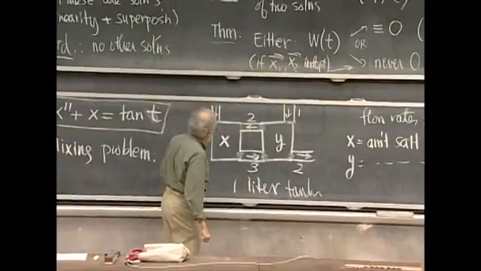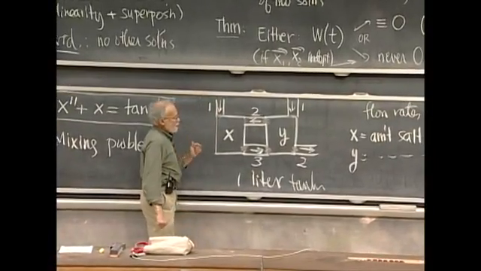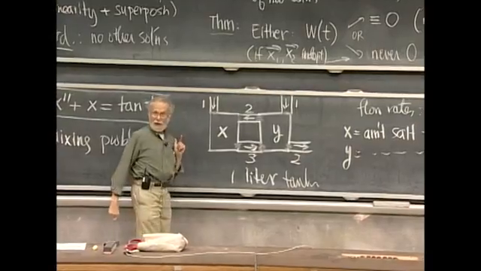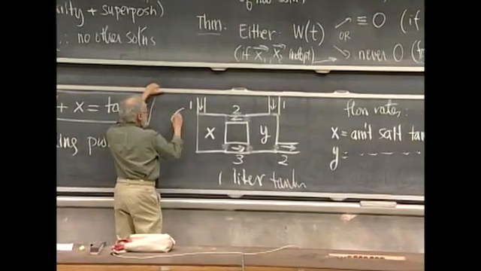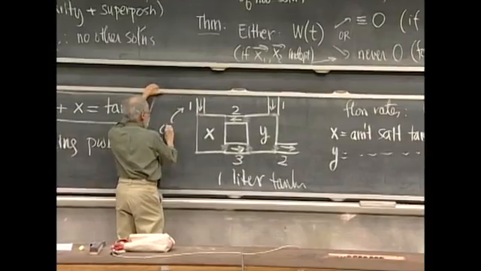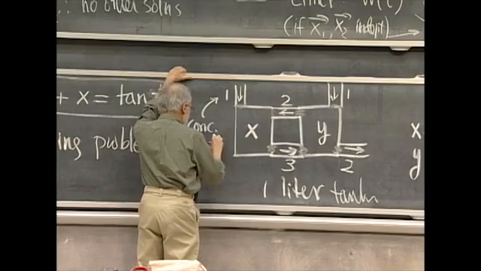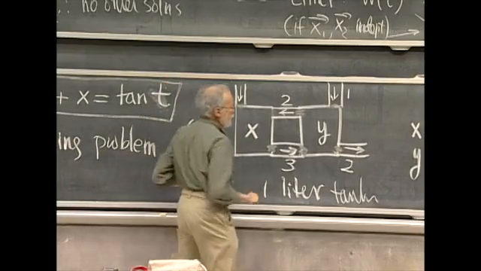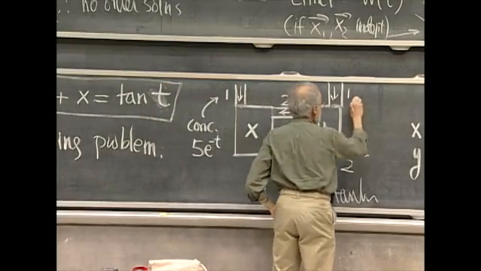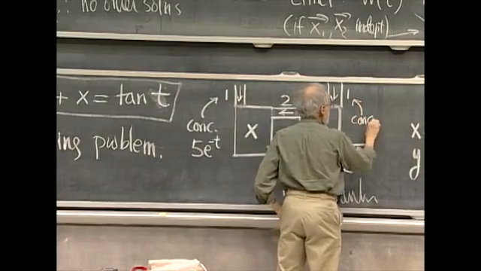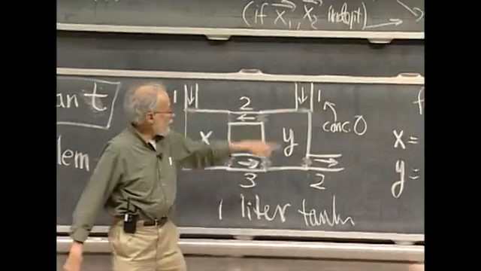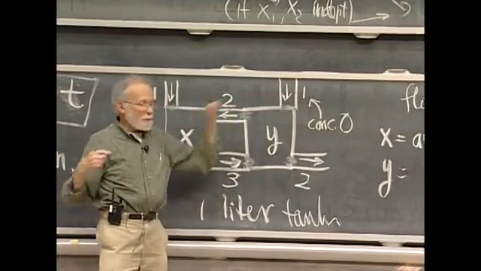Now, the only thing I'm going to specify is the concentration of what's coming in. So here, the concentration is 5e to the minus t. And that's what makes the problem inhomogeneous. Here, the concentration is going to be 0. In other words, pure water is flowing in here to create the liquid balance.